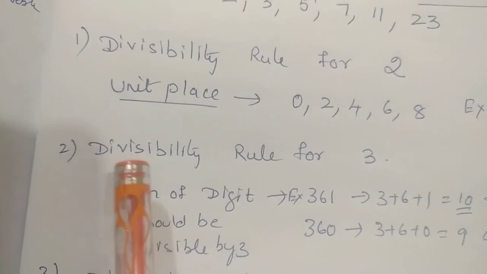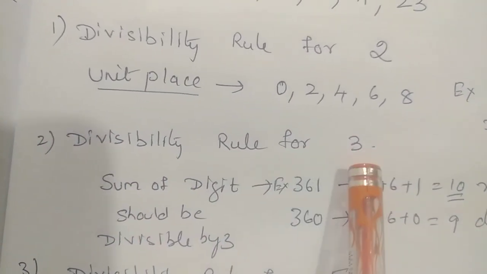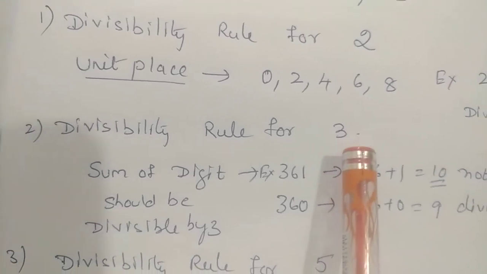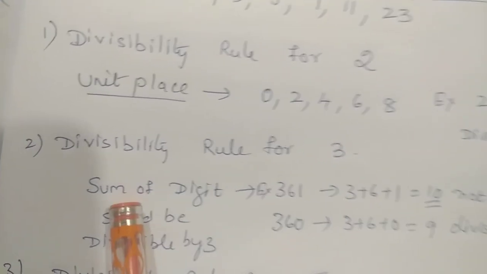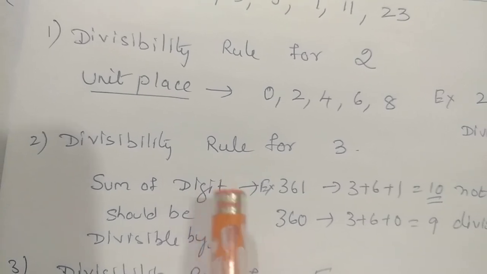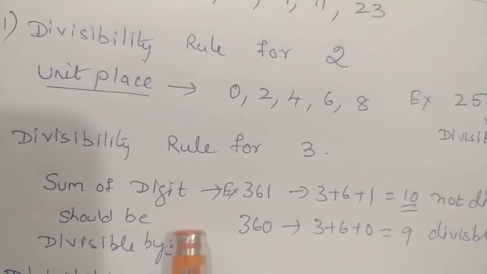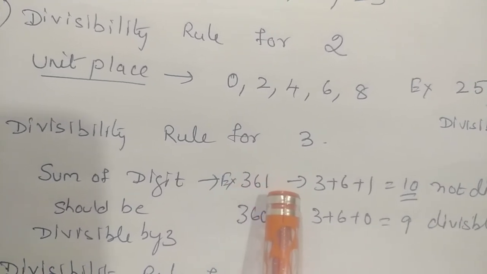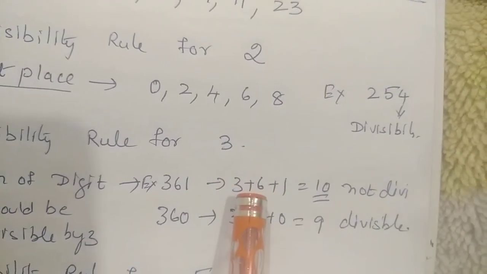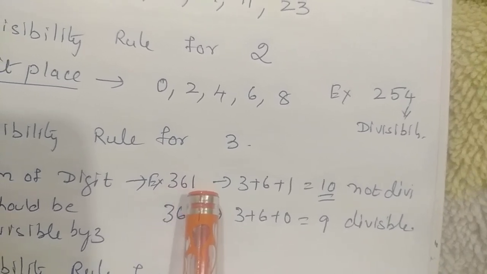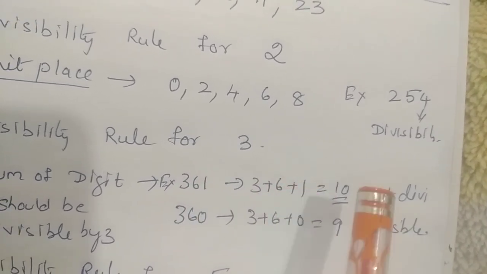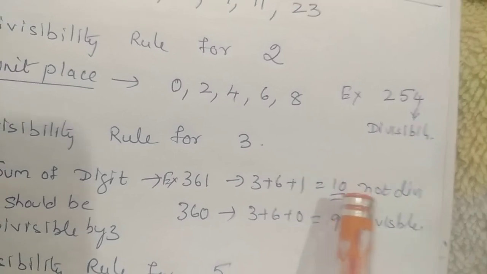Similarly, the second one, the divisibility rule for 3. How to check for 3? First you should take the sum of the digits, and what you get should be divisible by 3. Example, suppose 361: 3 plus 6 plus 1 equals 10.